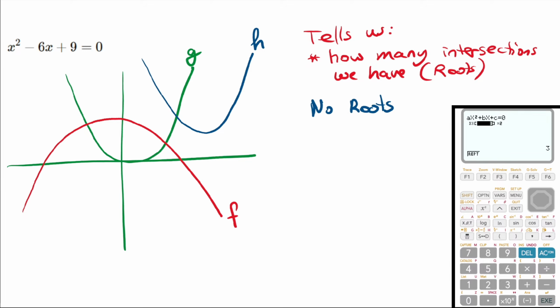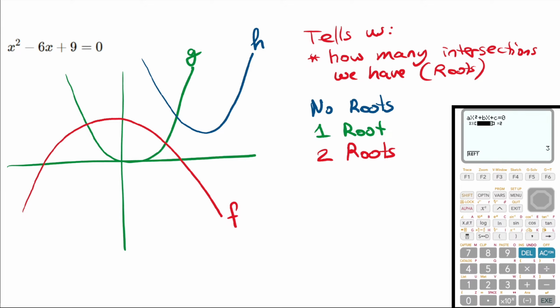The other options are that we can have 1 root. That's our green one here. So we have 1 root. And the third option is that we have 2 roots. So we have 2 ways to cross the x-axis.